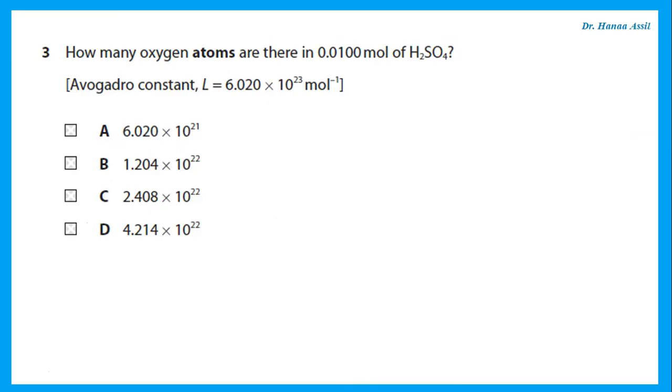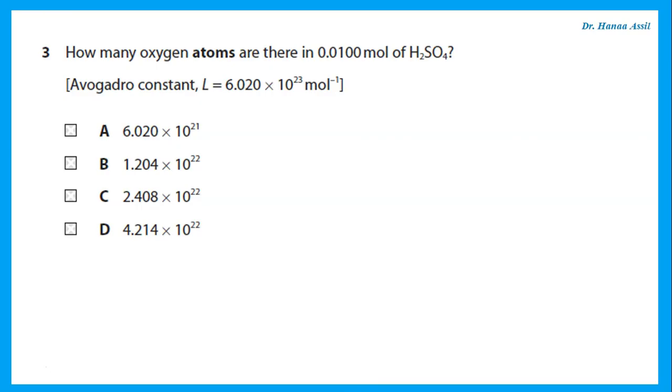How many oxygen atoms are there in 0.01 mole of sulfuric acid? Remember that sulfuric acid, of course, we know, and it is written there, H2SO4. That means 1 mole of sulfuric acid has 4 moles of oxygen.